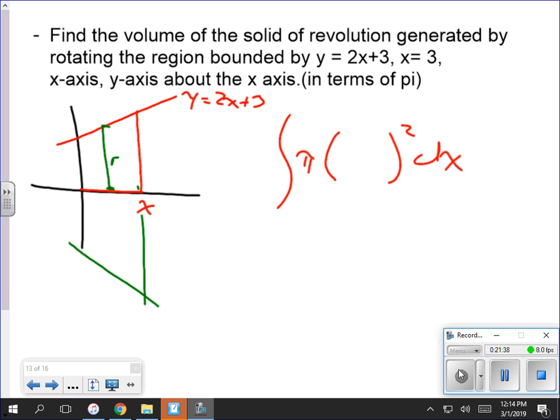It's easy because the x-axis is our boundary, so this distance here is our function, so it's (2x plus 3) squared. And then our bounds would be 0 to, and what does it say here? x equals 3. And then you work that out.